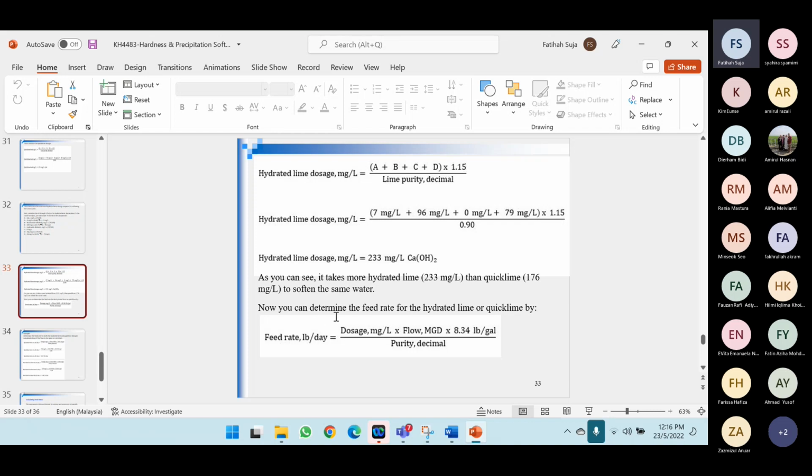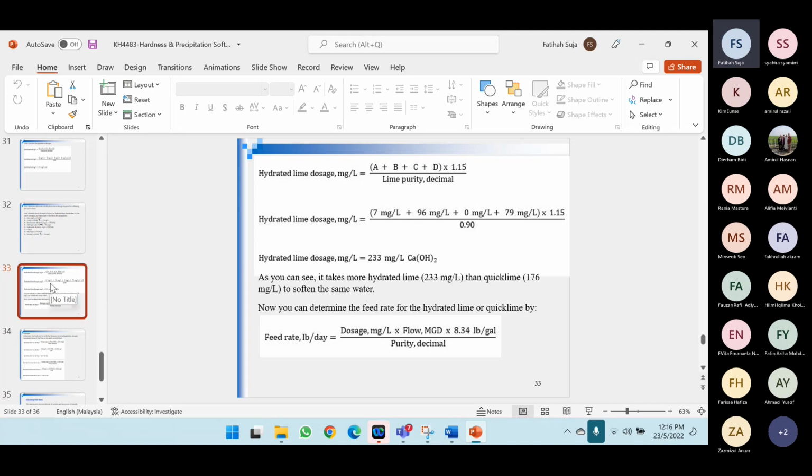Okay, now you can determine the feed rate for the hydrated lime or quicklime by multiplying with your incoming flow. So this is the dosage that you have just calculated, and you multiply by the flow. Whatever you need, you make sure that you get the conversion of your units right.